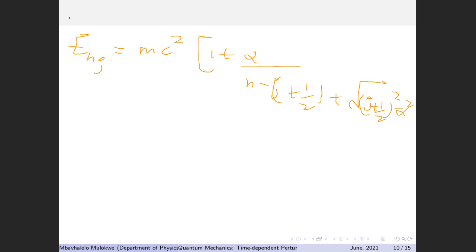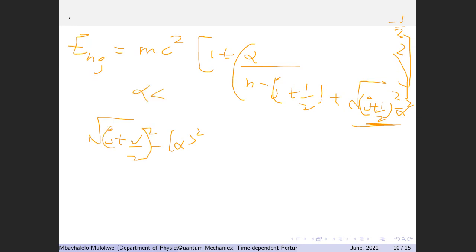If you look at this formula, there are squares, there are square roots, and then there is a square root to the minus 1/2. My question was that I want you to start expanding everything out. For example, you can try to expand things inside that square root, where you get the square root of j plus half minus alpha squared. You know that alpha will be smaller than 1, so you can take out the j plus a half, and then you will be left with 1 minus alpha squared over j plus half.